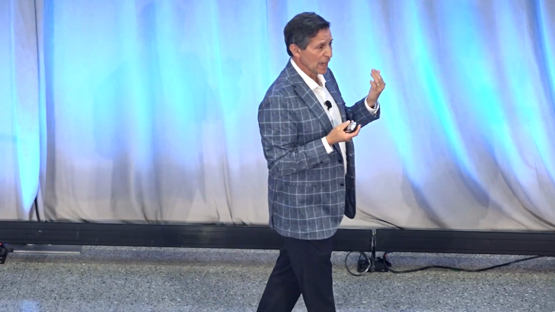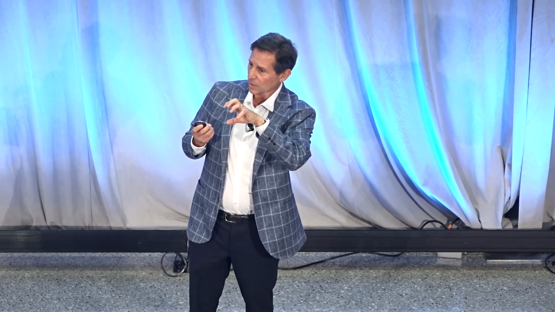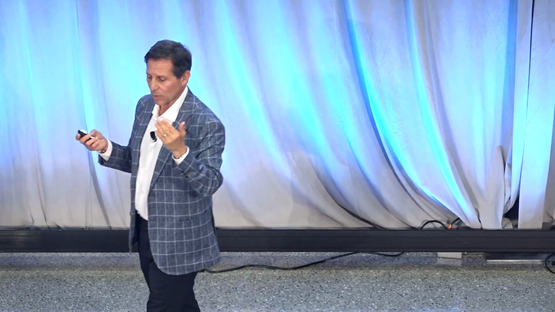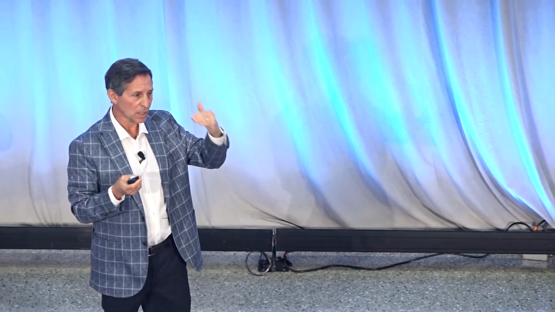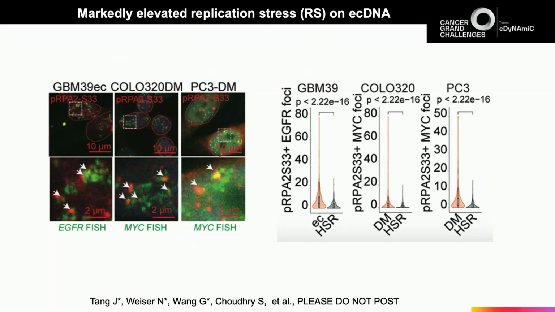So then we visualized it using phosphorylated RPA2 at the S33 site, and we located it on the extrachromosomal DNA particles themselves using this colocalization approach. And in each one of the isogenic paired cell lines that we used, you could see that you have a ton of replication stress happening on the extrachromosomal DNA particles themselves.